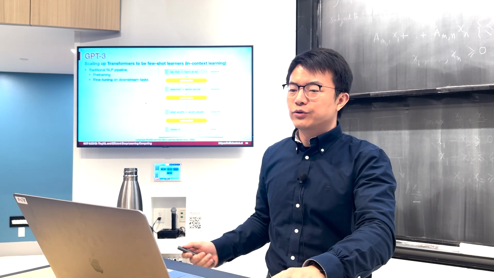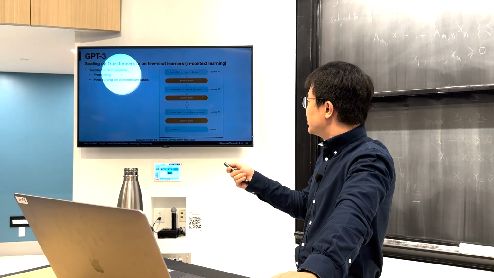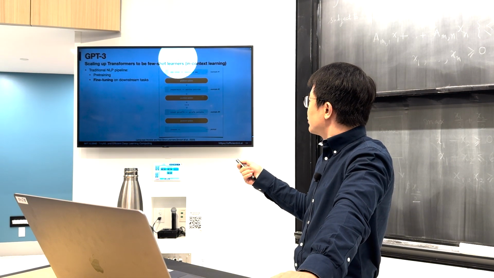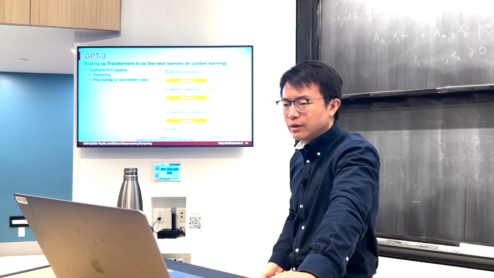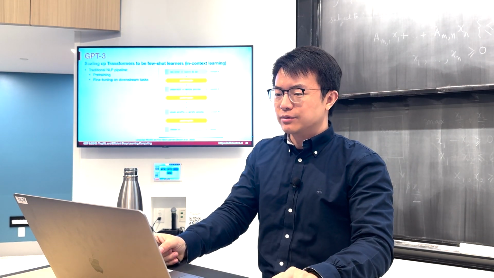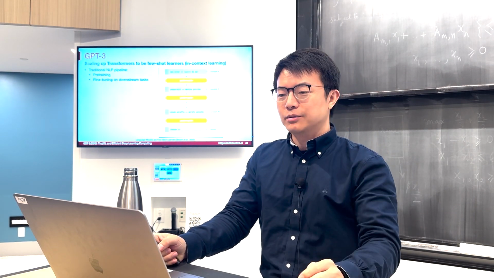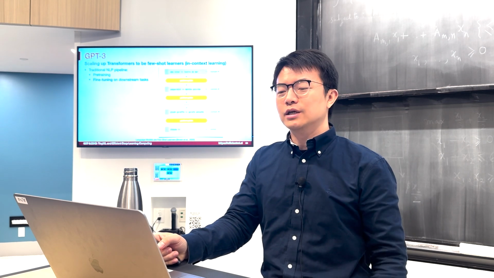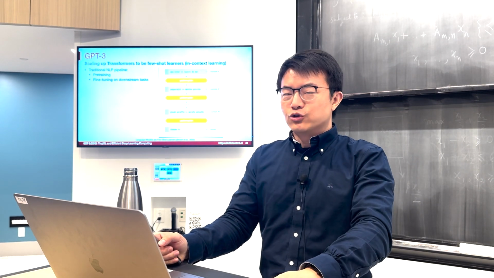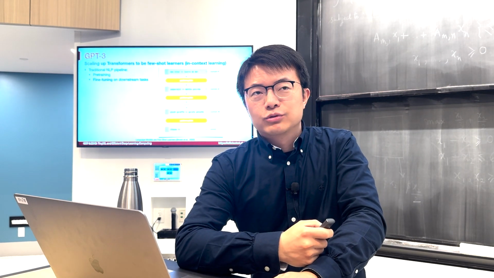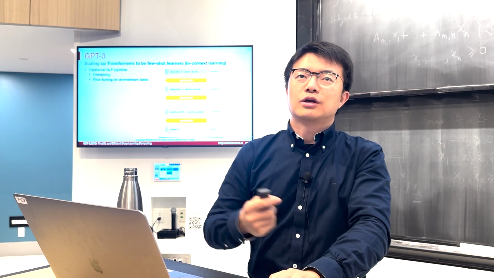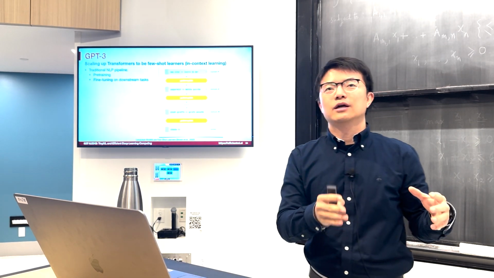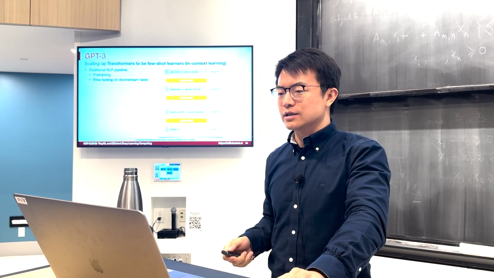So GPT-3 basically scaled up on top of GPT-2 to be a few-shot learner, and it enabled in-context learning capability. So these are very important concepts. What is a few-shot learner? What is in-context learning? In order to learn a new task, previously we had to fine-tune the model. Pre-train it and then fine-tune it on the specific task that is desired.